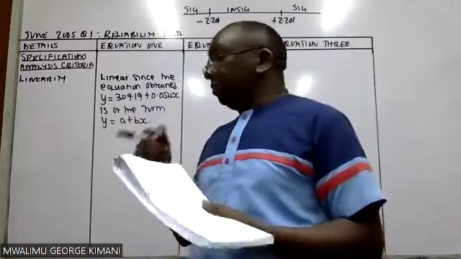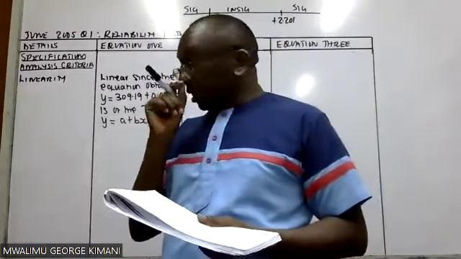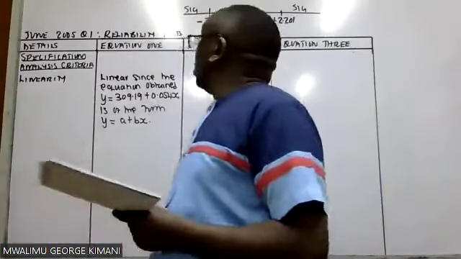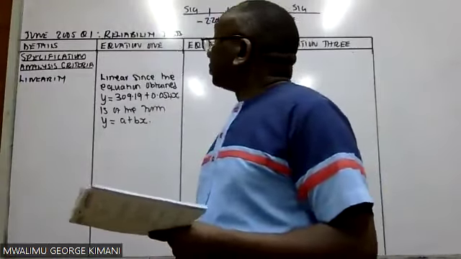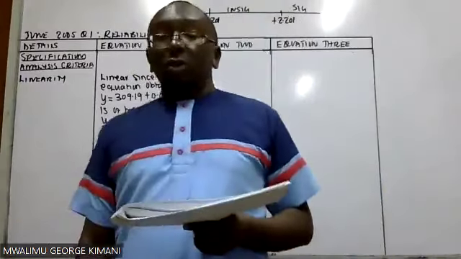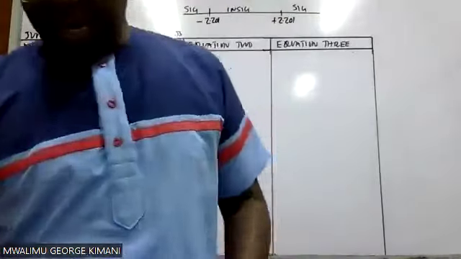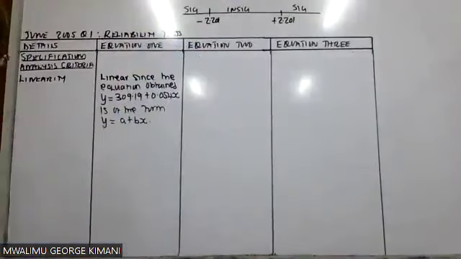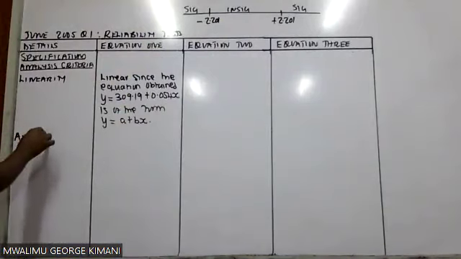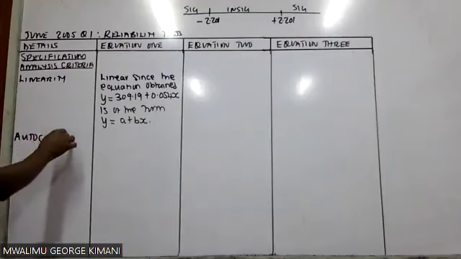The third assumption is what we call the autocorrelation, the independence of the dependent variable. So let's just call it autocorrelation.